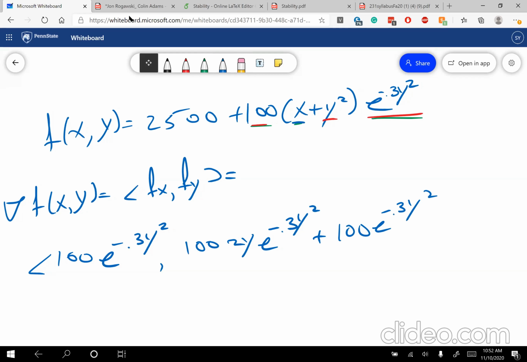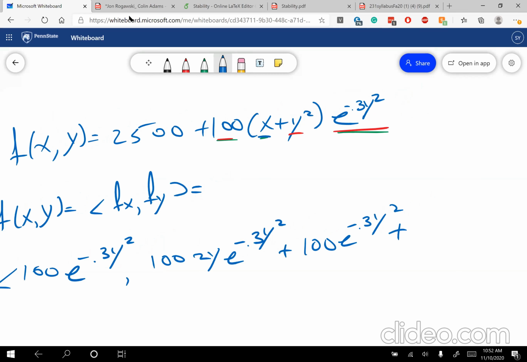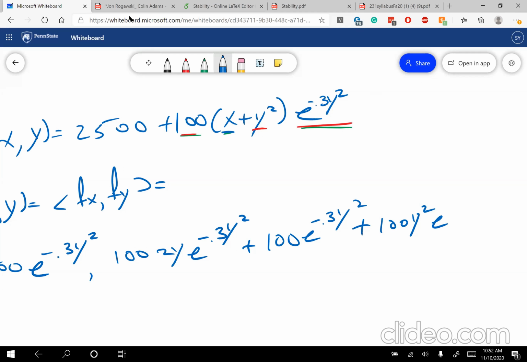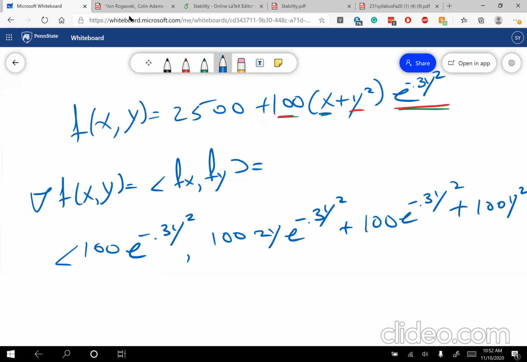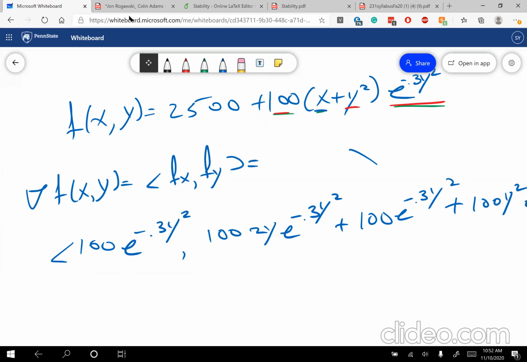And then plus 100 y squared e to the, oh, sorry, some mistakes over here. Over here there's an x.